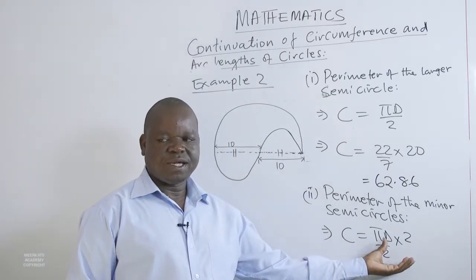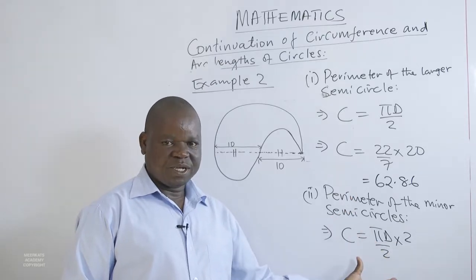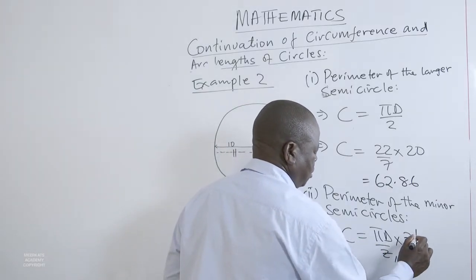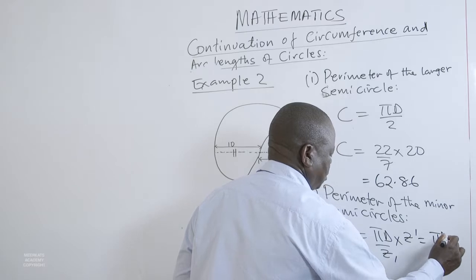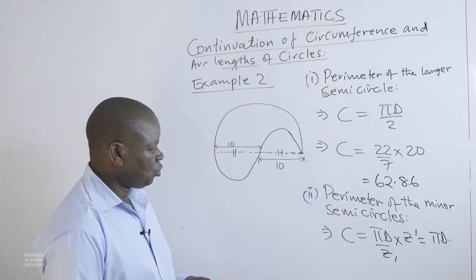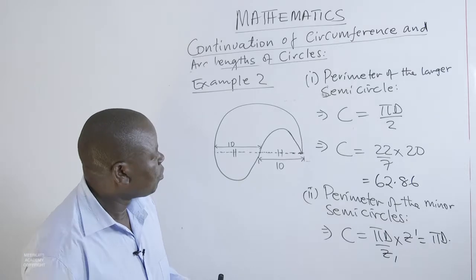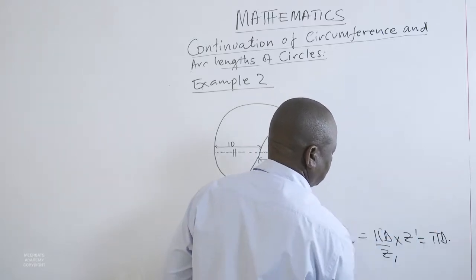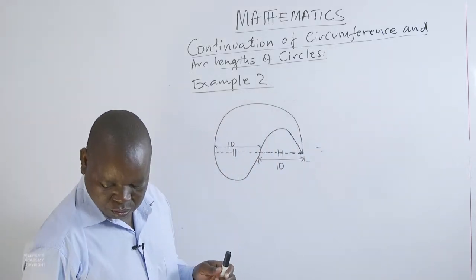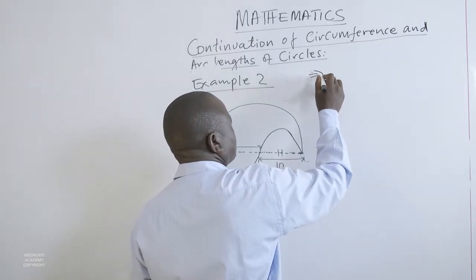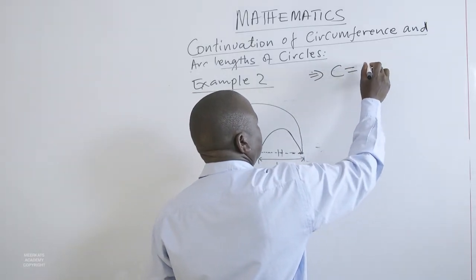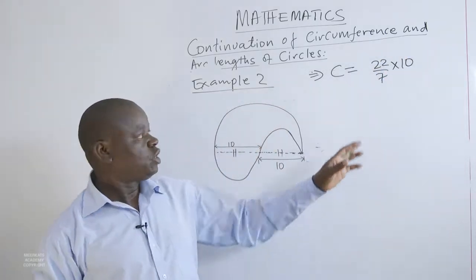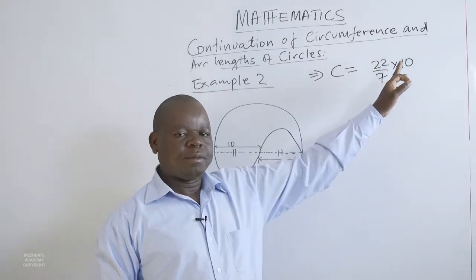Otherwise, if they were not similar, you work out individual perimeters, then you do summation. So you get 22 over 7 multiply by 10.